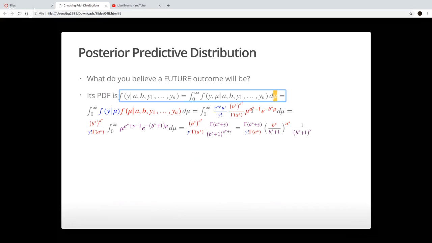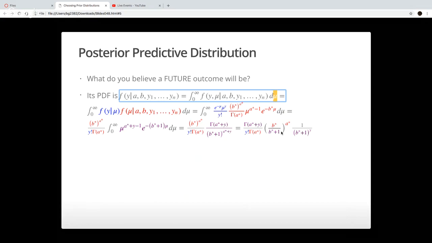That can be written with a gamma distribution evaluated at mu with parameters a star and b star, and a Poisson PMF for the conditional distribution of future data given mu. Pull out the constants, combine the red and blue terms inside the integral. We get another thing that is in the form of a gamma integral, which is something that computers can accurately evaluate.